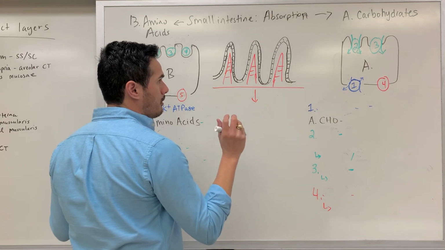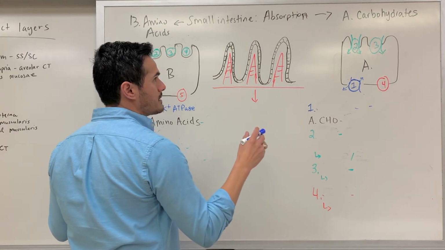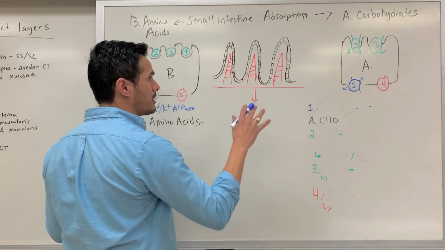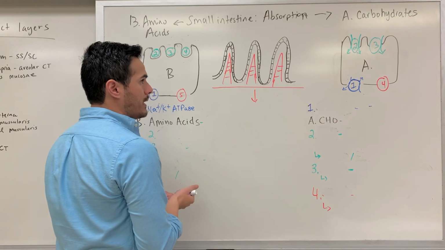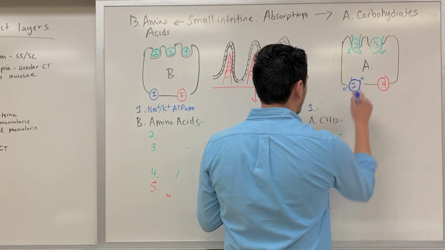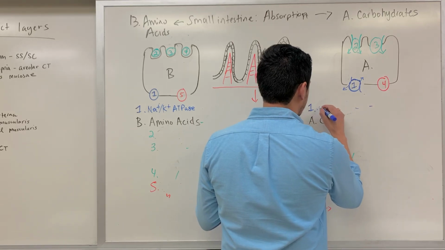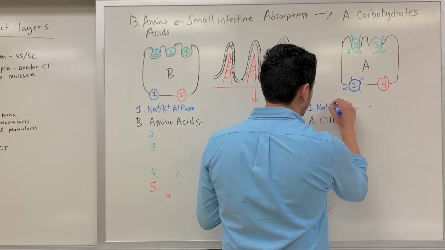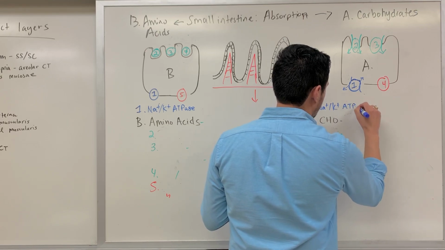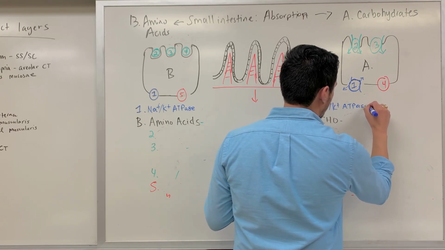So now what we're going to go over is the process of how these different substances get into the cell. Okay, so we're going to start off with the carbohydrates. And the first thing that I want to point out is number one. So number one, this is what's known as the sodium potassium ATPase pump.